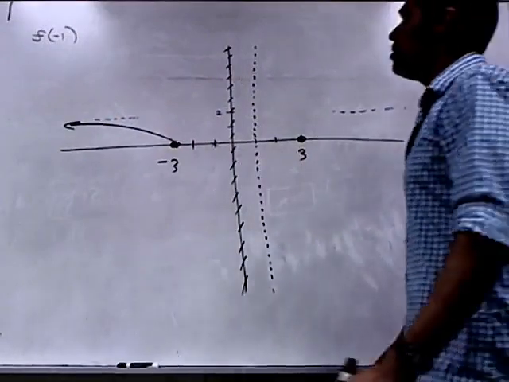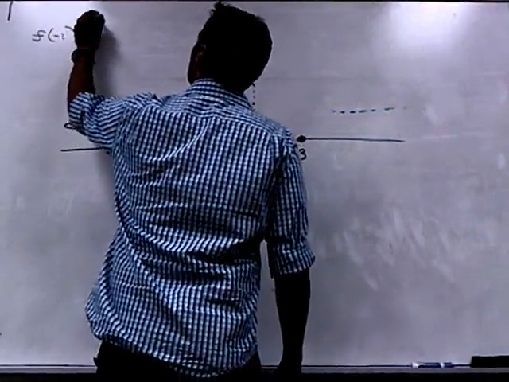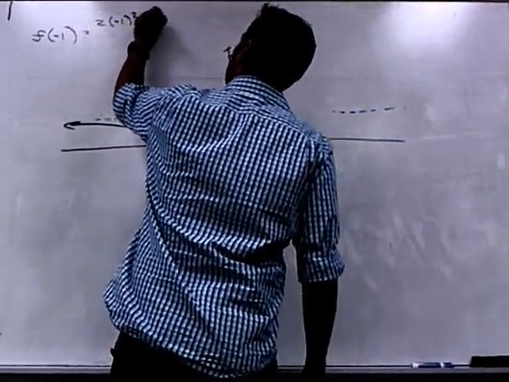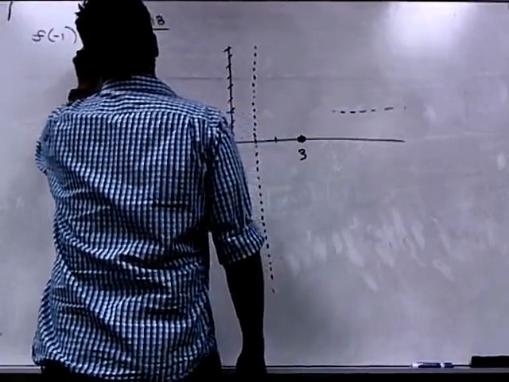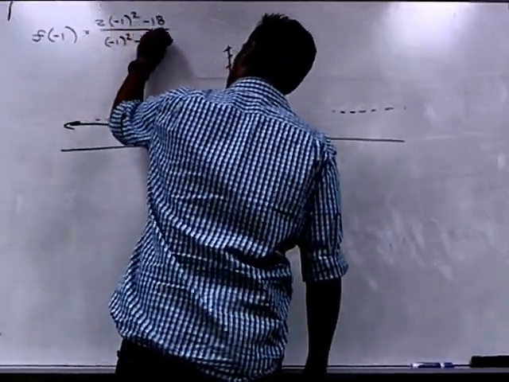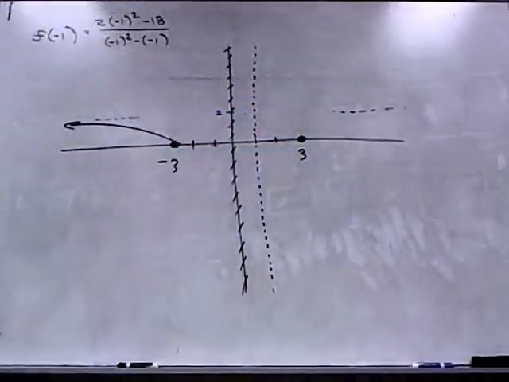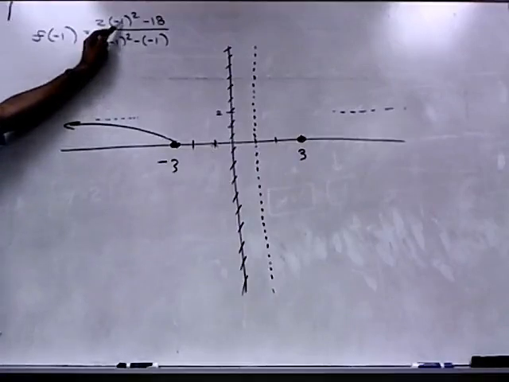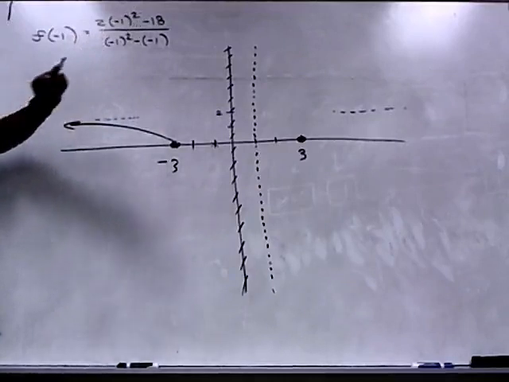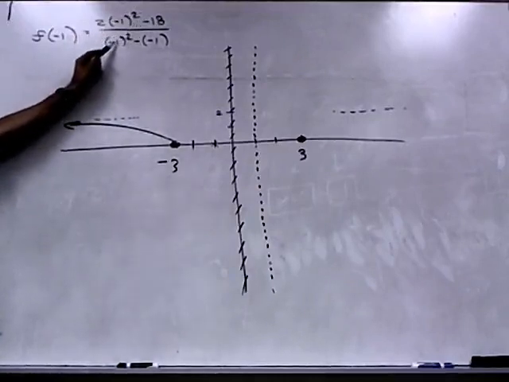So plug -1 into your function, you get 2 times -1 squared minus 18 over what was the bottom? I forgot. x squared minus x? x squared minus x. If I plug -1 in there, what do I get? So -1 squared is 1 times 2 minus 8. So -16 on top. On the bottom, -1 squared is 1.